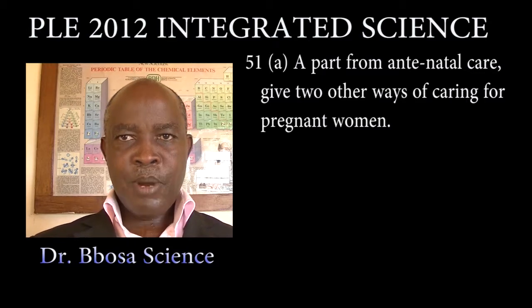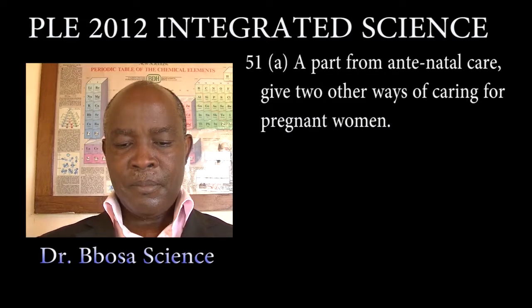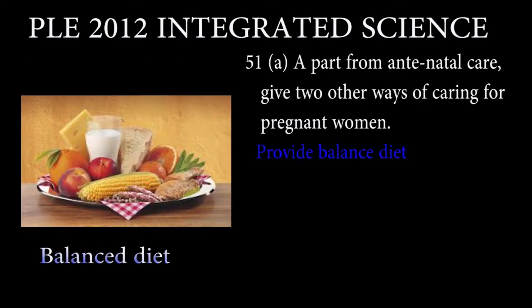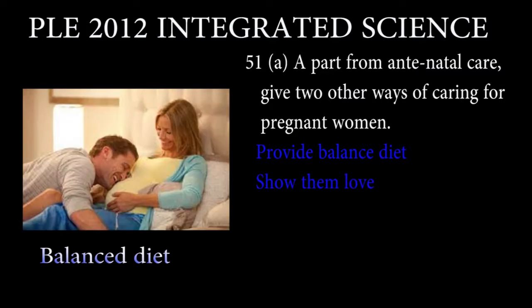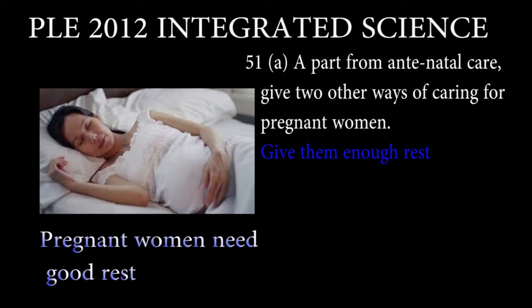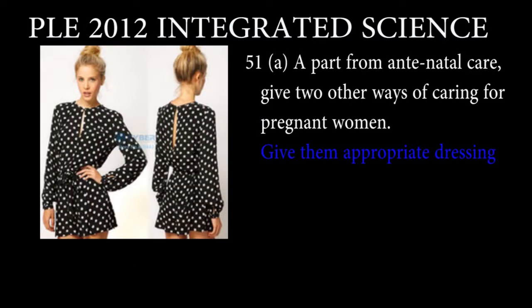51A. Apart from antenatal care, give 2 other ways of caring for pregnant women. By giving them balanced diet, by showing them love, by giving them enough rest, by giving them appropriate dressing.